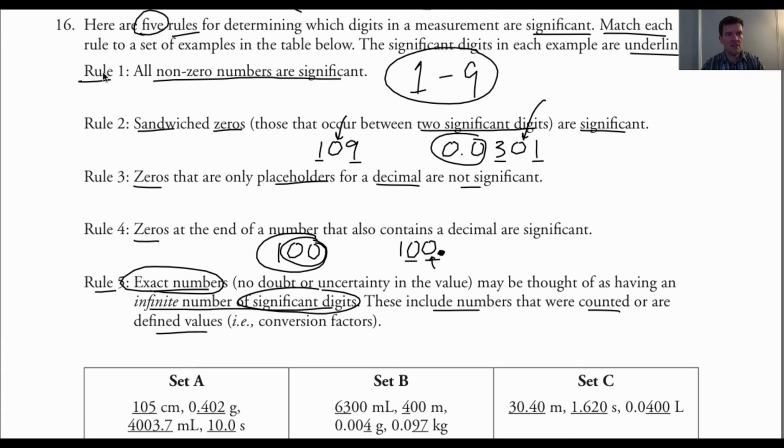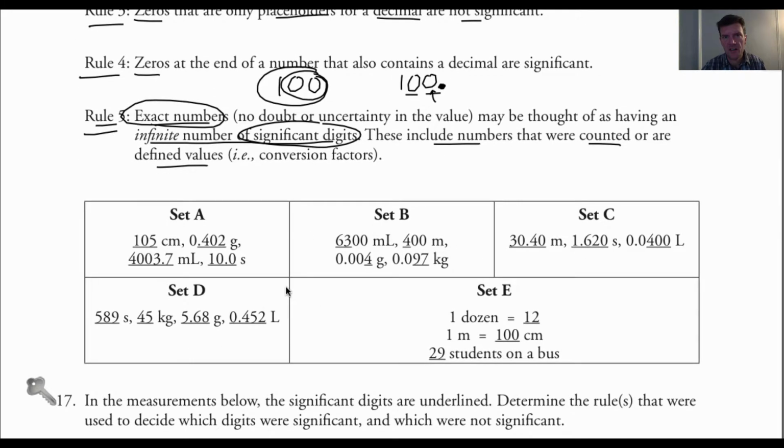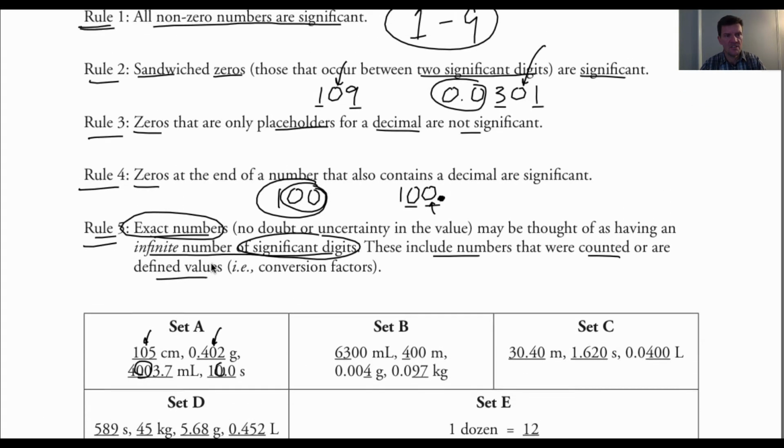All right, let's compare rules 1, 2, 3, 4, and 5 to the different sets of numbers down here and see which rule is being applied in each set. So right here we have set A. It looks like you've got zeros that are, is my guess, being sandwiched in between non-zero digits.